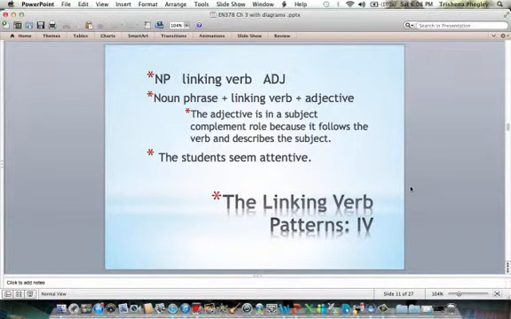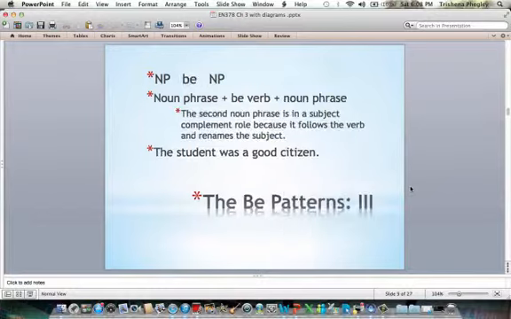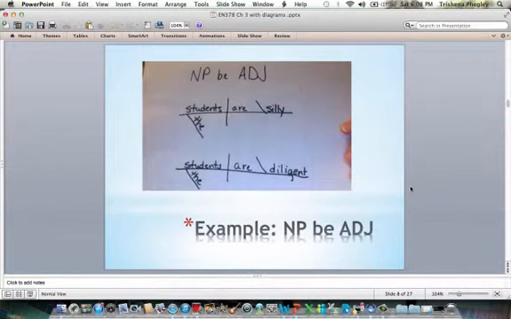Noun phrase, linking verb, adjective. This is very similar to, I'm going to go back, this one, noun phrase, be verb, adjective.